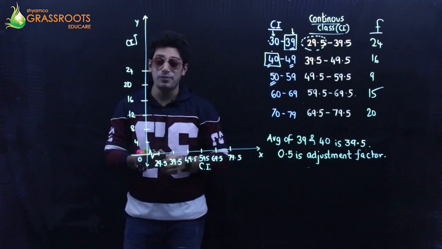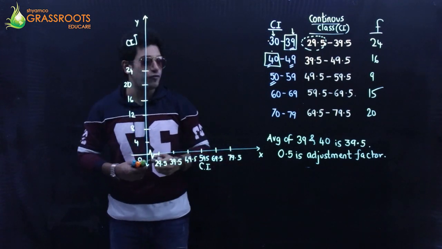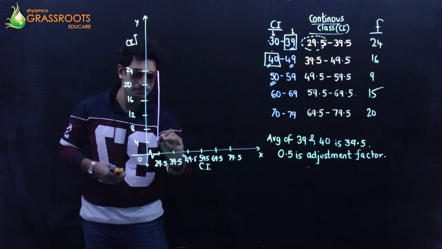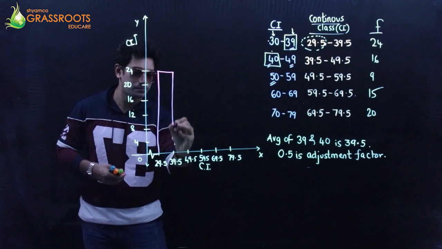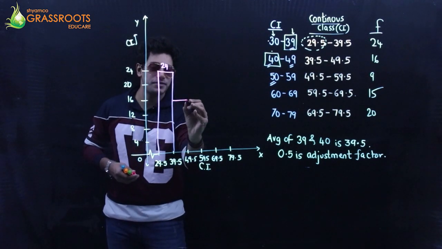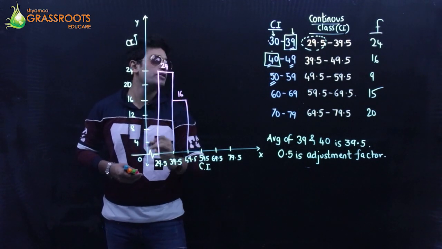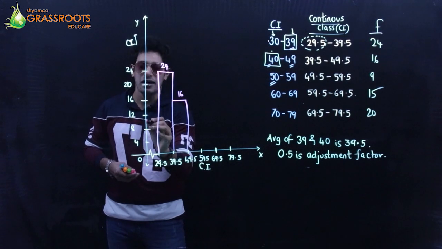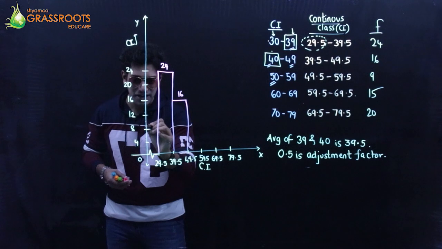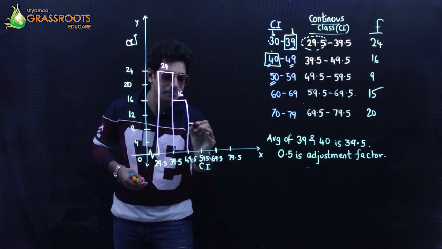Again, when you start plotting, the first plot is 24, direct. The second plot is 16, direct, present. Third plot is 9. Actually 10 is between 8 and 12, and between 8 and 10 is your 9.